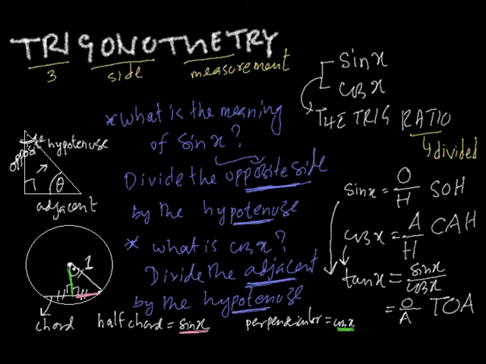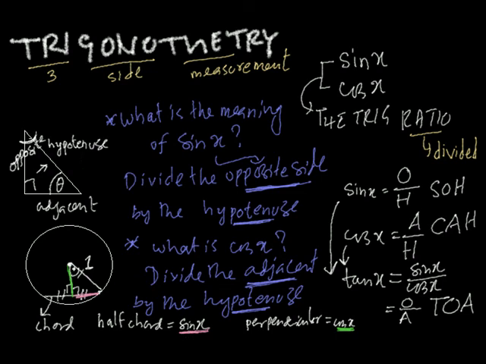The opposite of this angle is this, so this would be the opposite and this would be the hypotenuse. Now the hypotenuse is the radius 1, so it would be opposite by 1. So sine x would be equal to the opposite, this length, the half of the chord.